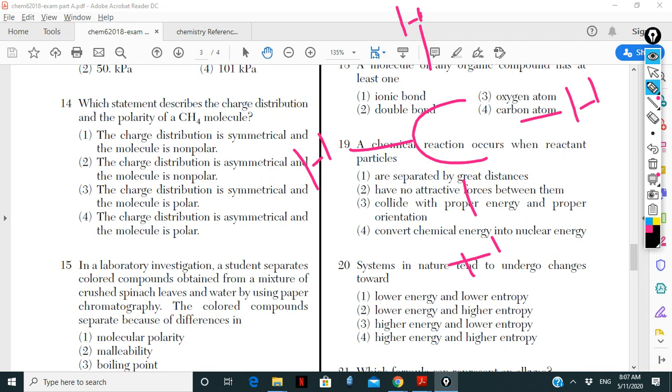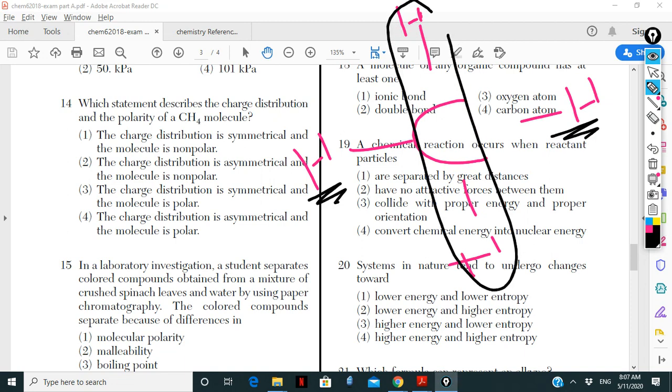So H and H are images, H and H like an image in the mirror. So what does it mean? I have a symmetry. So the distribution of the charge is going to be symmetrical. And in that case, when I have a symmetrical distribution of charge, it's going to be nonpolar. So the answer is 1.